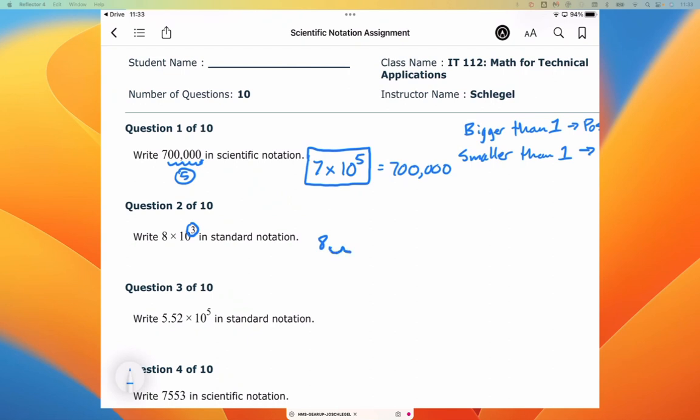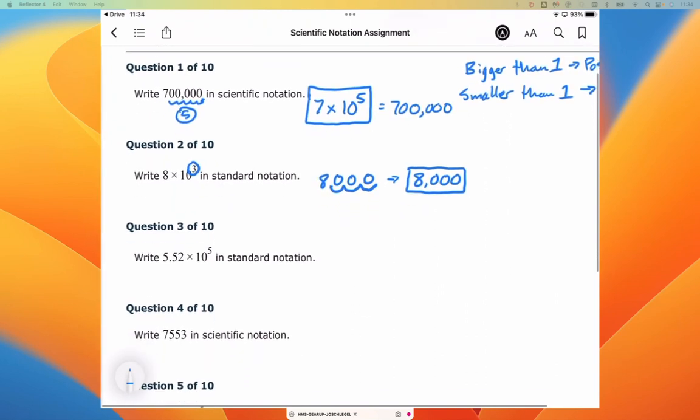So 1, 2, 3, and I'm going to the right instead of the left because I need to make this number larger than 1, not smaller than 1. And so doing that produces the number 8,000. And so as we discussed with number 1, 8 times 10 to the power of 3, what we started with, is exactly the same as 8,000. We're not changing anything. They mean the same thing. We're just writing the same number in 2 different ways.